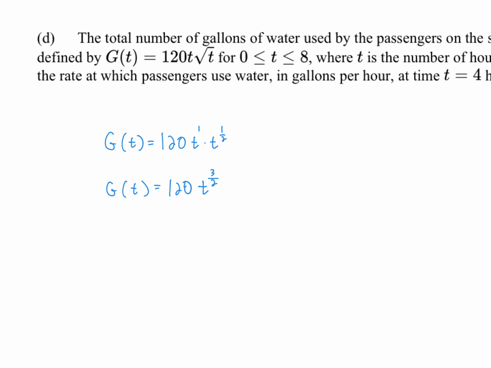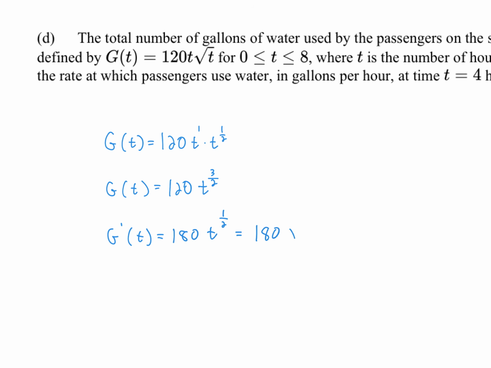Now it's in a form that's good to take the derivative, so we'll take the derivative now. Use the power rule. It doesn't matter that this is a fraction, so bring this fraction out front and multiply it by 120. So 120 times 3/2 is 180. And then we'll subtract 1 from the exponent. If you want, we can rewrite this now, putting it back into roots.